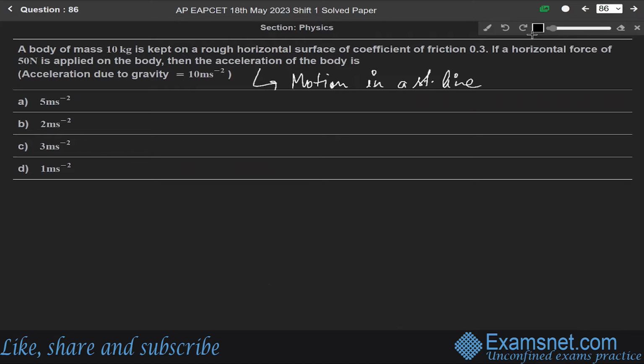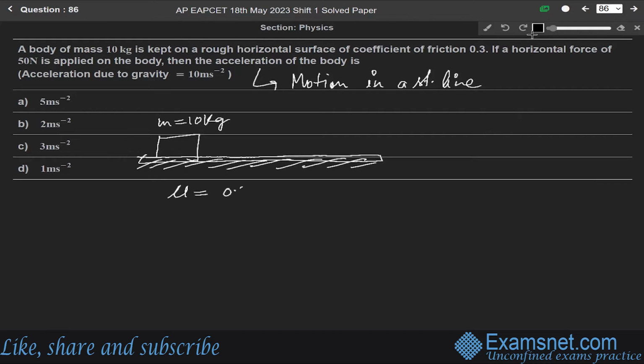Here we are given a body of mass m equals 10 kg kept on a horizontal surface, and the coefficient of friction mu is given as 0.3. A horizontal force F of 50 Newton is applied on the body.